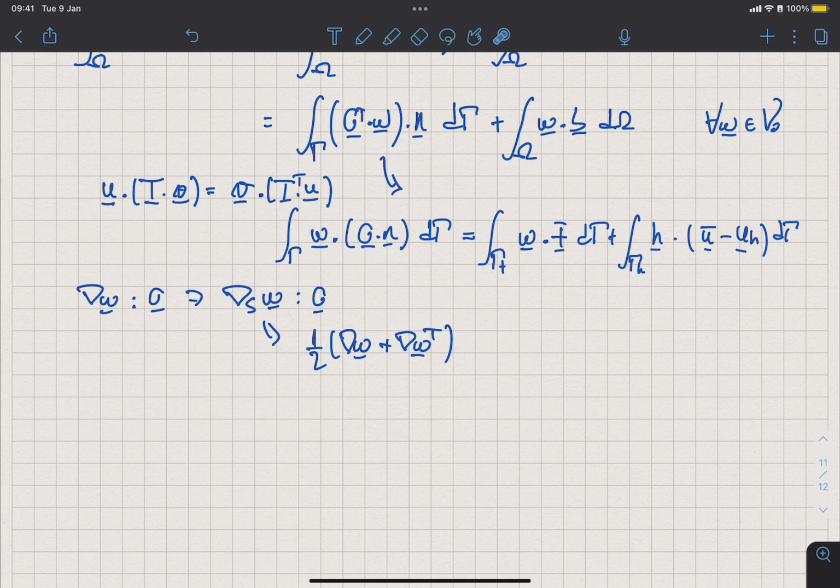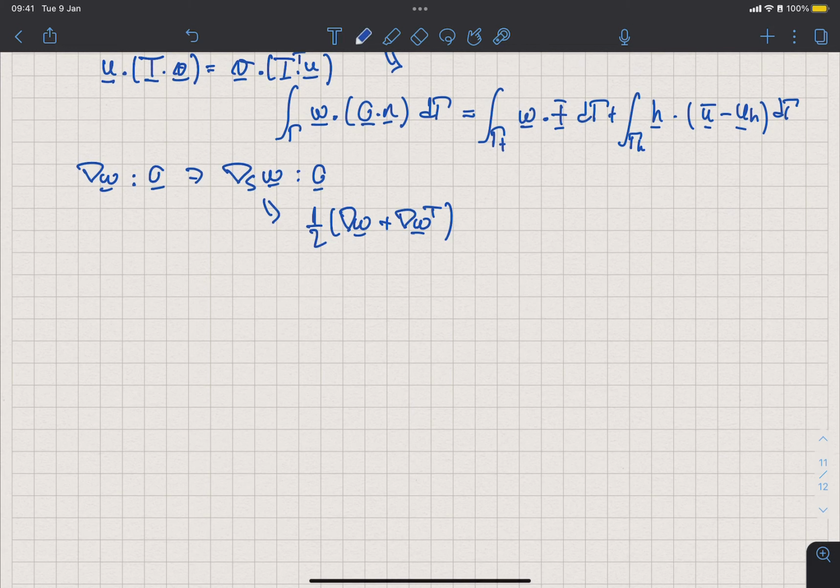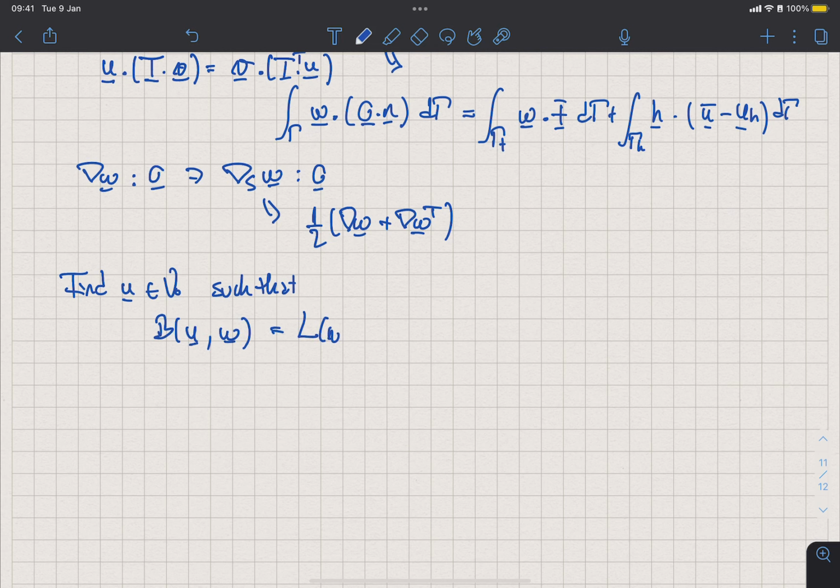Okay. So when we do this, at the end what we get is: find U in that space such that the bilinear form is equal to the linear form for all W's in that same space. Let's write what the bilinear and linear forms are now that we have all the terms.